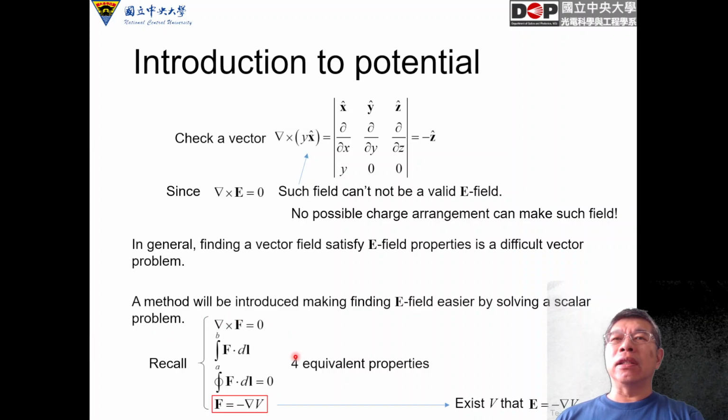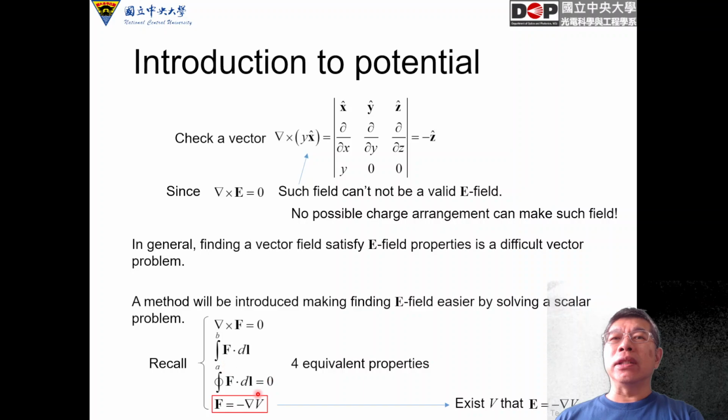So recall that there are four equivalent things. One is that the curl of the vector field equals zero, which is equivalent to the path integral of the field being independent of which path you take: as long as the initial and final positions are given, the value will be identical regardless of the path.